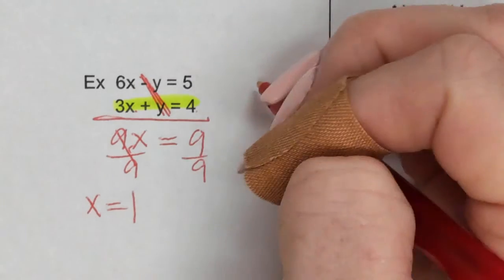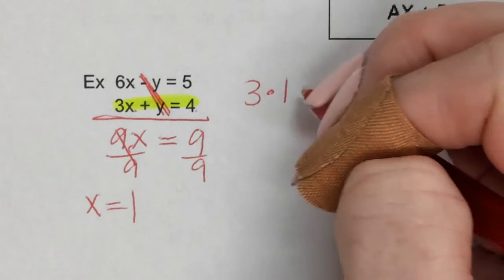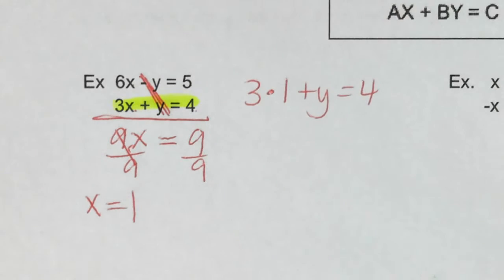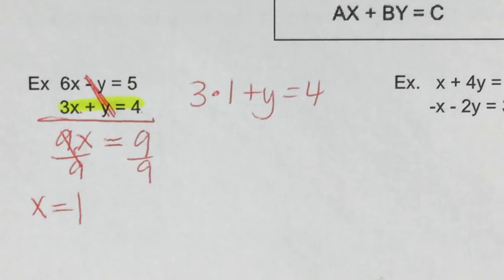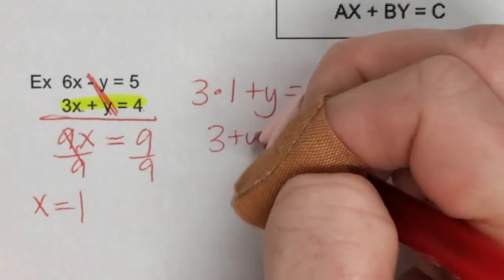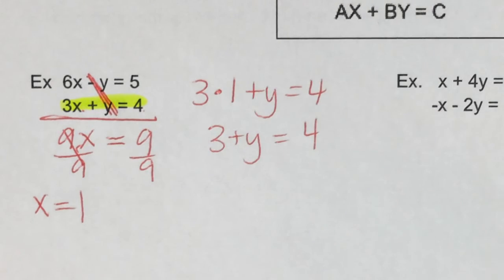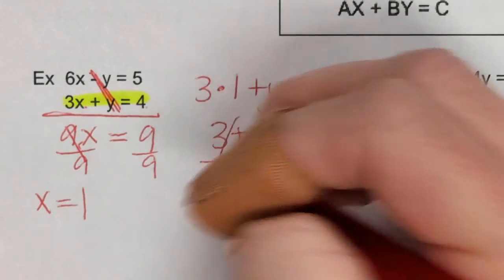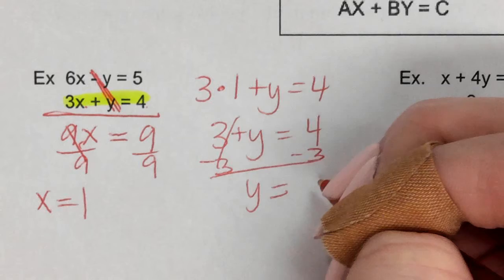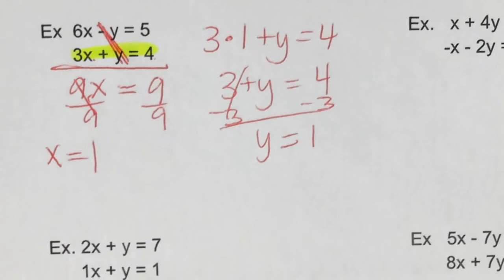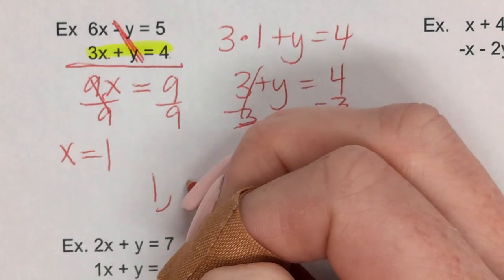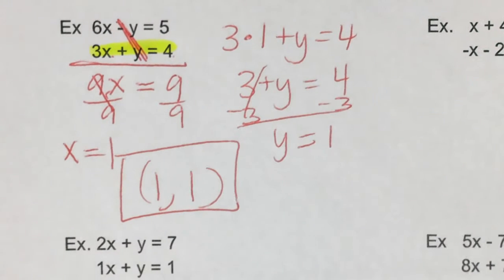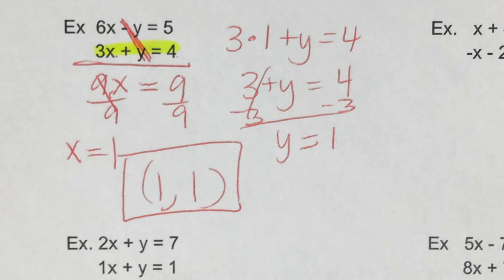So I'm going to do 3 times 1 plus y equals 4 and solve for y. 3 times 1 is 3. And how would I get that 3 to the other side? By subtraction. So I have y equals 1. So my answer is 1, 1. Super, super easy compared to last week.